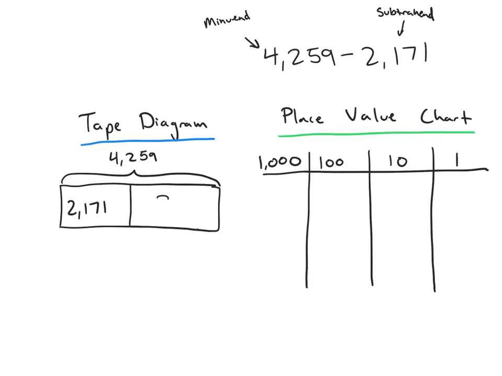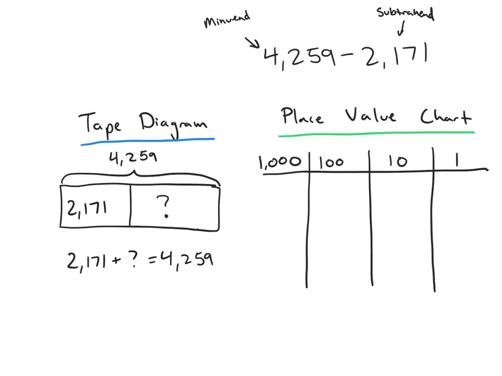That means we are trying to find out what this other piece is. This really helps us see that subtraction is the inverse of addition, because we know that 2,171 plus something equals 4,259. It shows us with the tape diagram how subtraction and addition are related to each other.